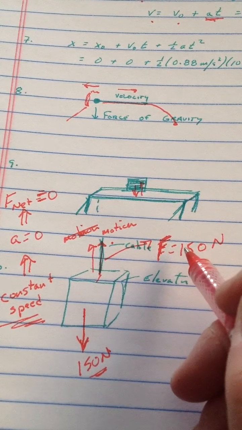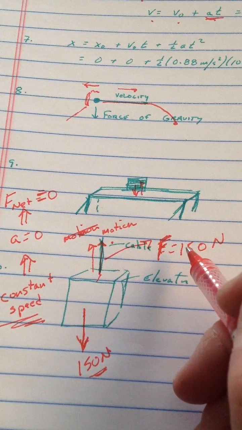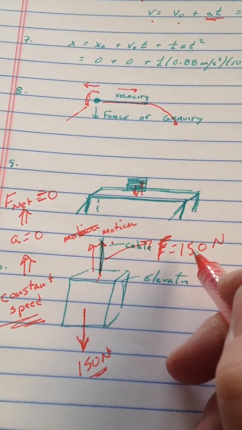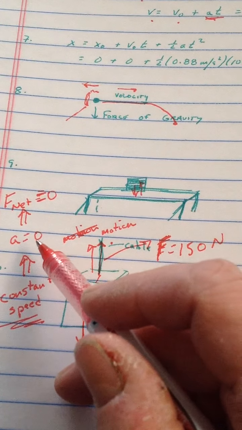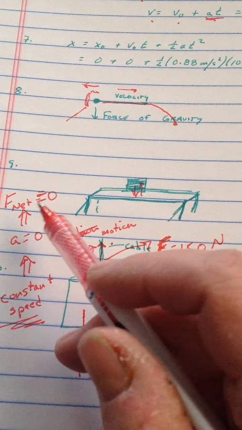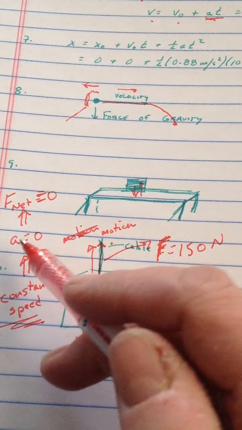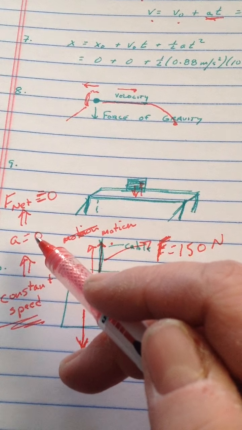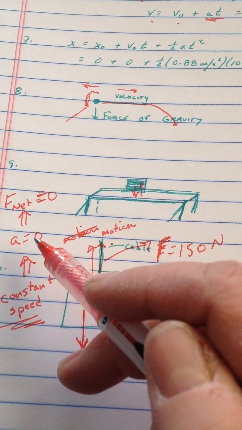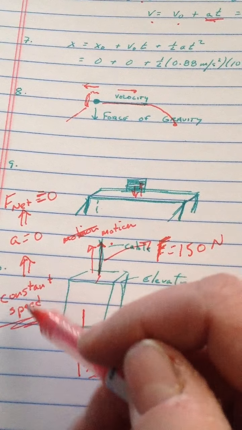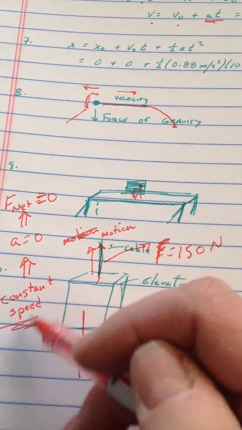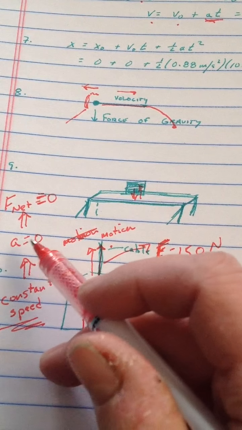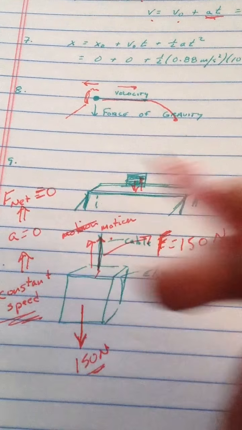If the upward force in the cable is anything greater than the force of gravity downward, then we will get a net force greater than zero. We will get an acceleration which is greater than zero. It might be tiny, but it will be an acceleration, and we will no longer have constant speed. If we have constant speed, acceleration is zero, net force equals zero.